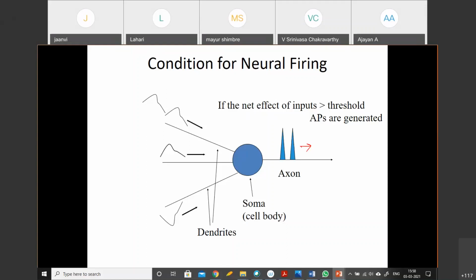And if there are a lot of people saying yes, then you also revise your opinion, even if you're thinking no. And then you announce your own yes, which is heard by other people, and they keep on revising their opinion. So this is how the neurons are also working in some sense.